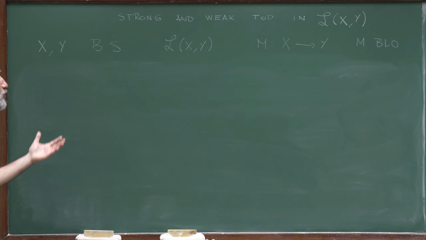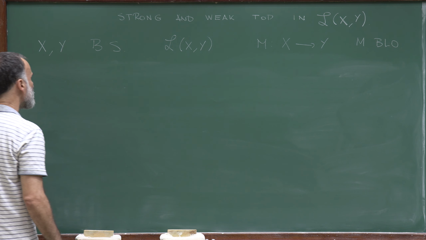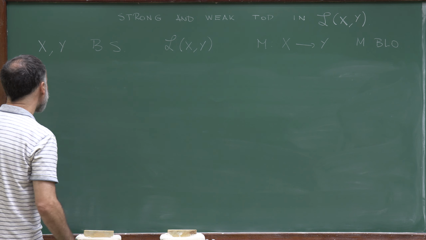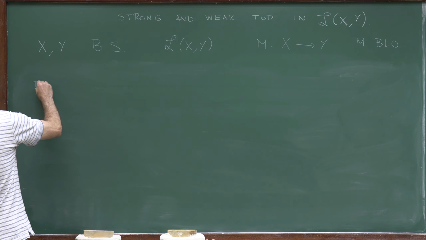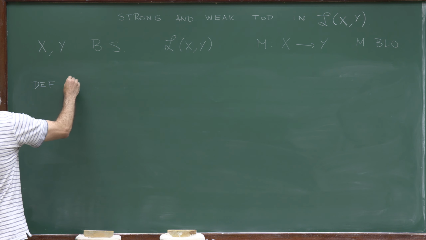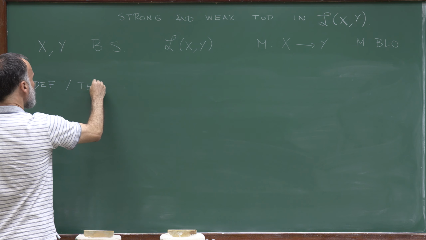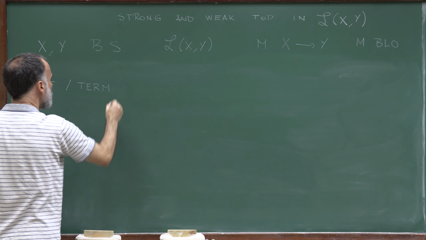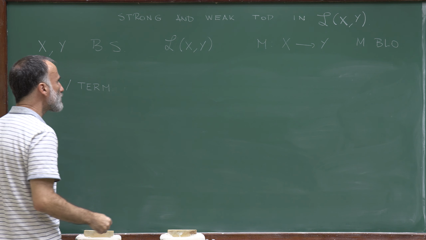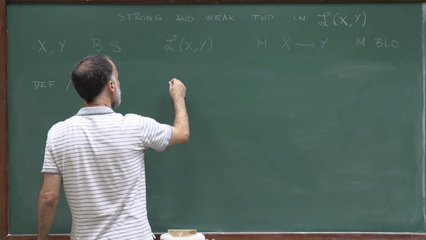So we introduced the notions of topologies: uniform, strong, and weak. We also have a terminology which is very important, which is sequential convergence.